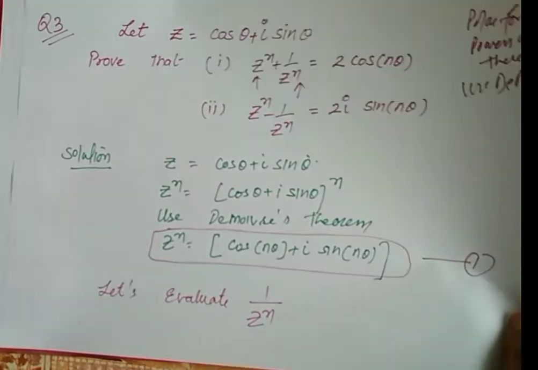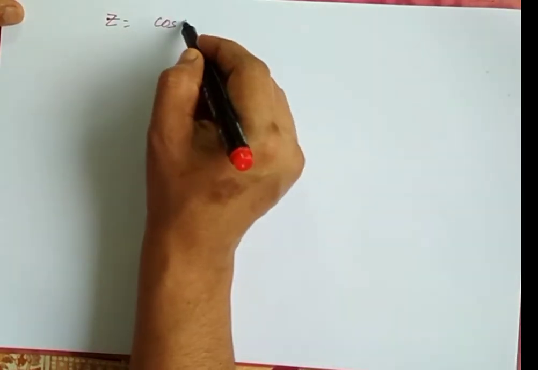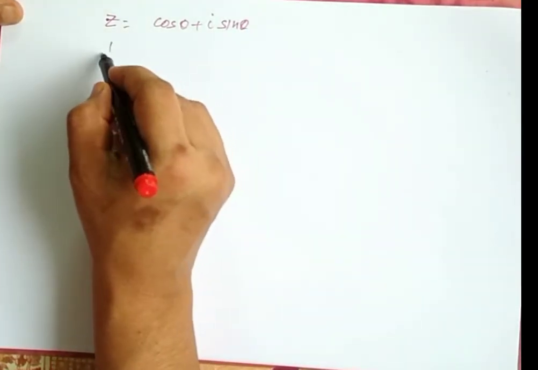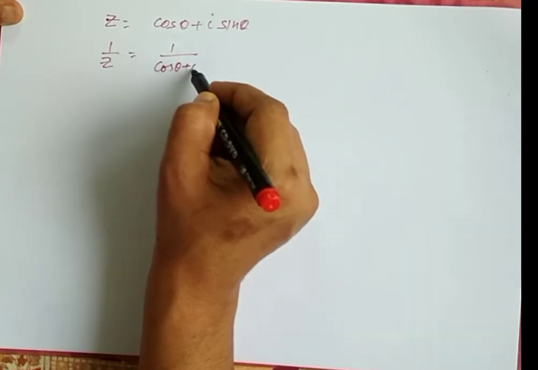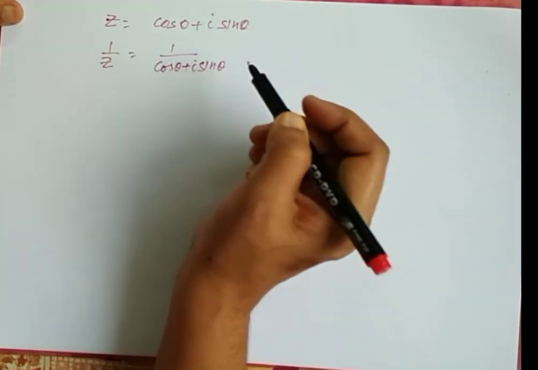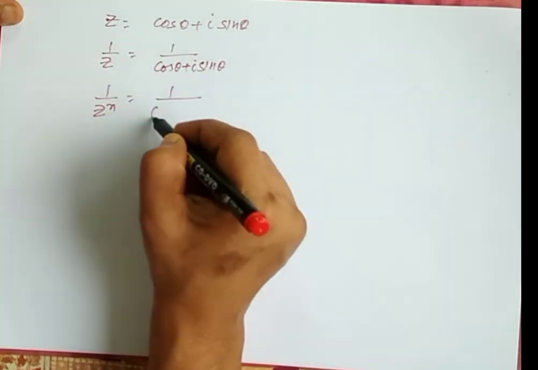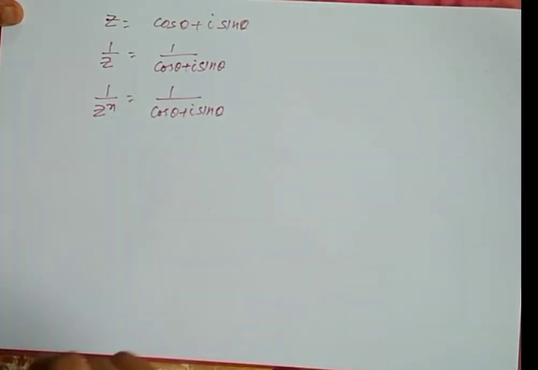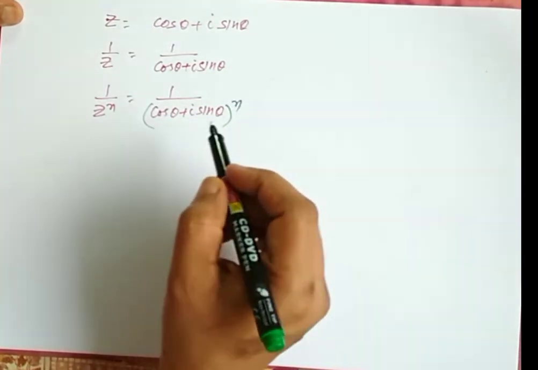Okay, 1 upon z raised to power n. z equals cos theta plus i sin theta. 1 upon z is equal to 1 upon cos theta plus i sin theta. Raised to power n, 1 upon z^n is 1 upon (cos theta plus i sin theta) raised to power n. Okay.